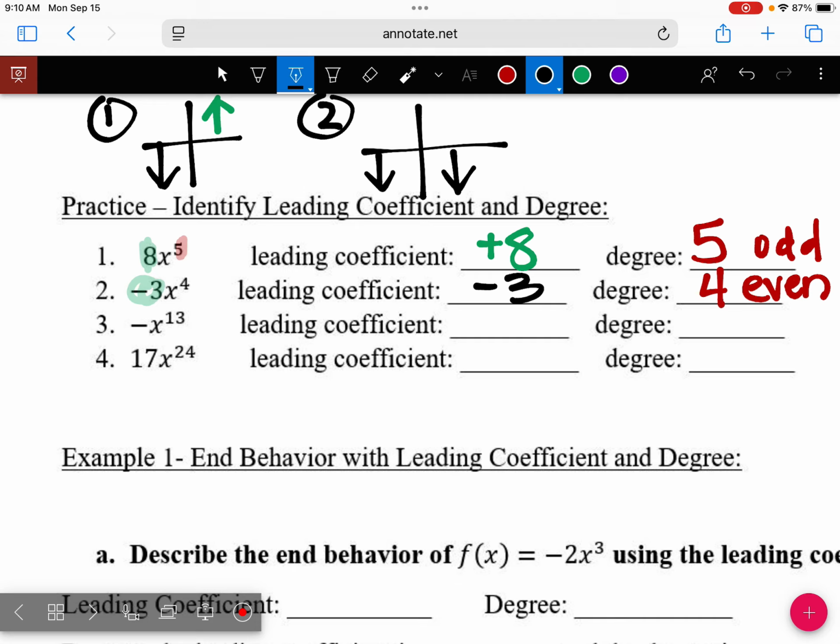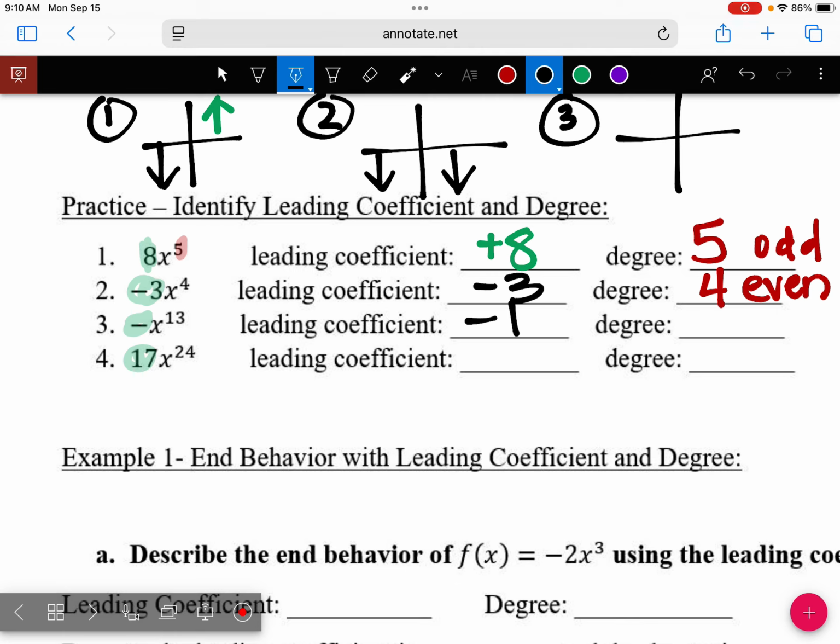Let's look at number 3. Your leading coefficient is -1. So that means that on the right side, what is it going to do? Show me with your thumbs, up or down on the right. Because it's -1, what is it going to do on the right?